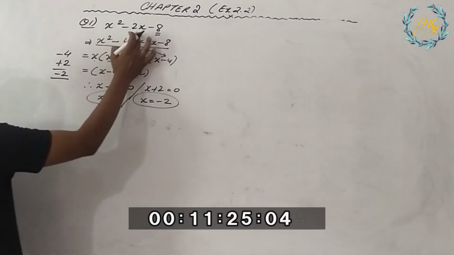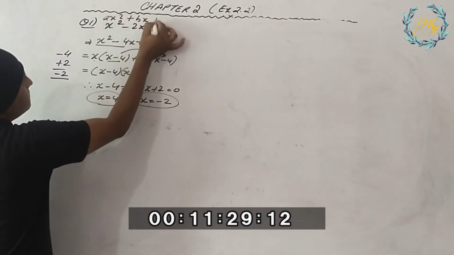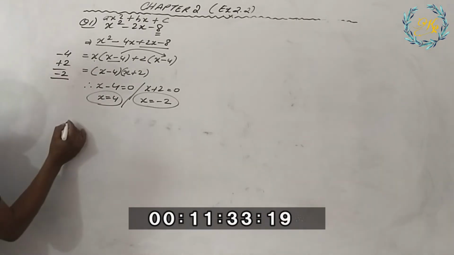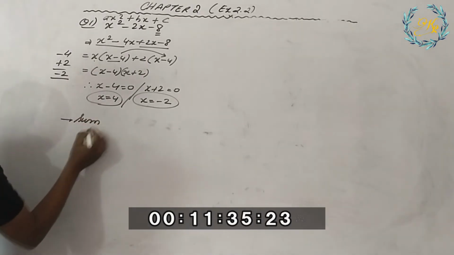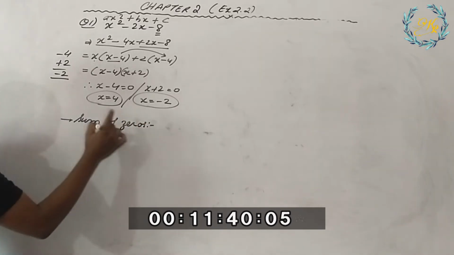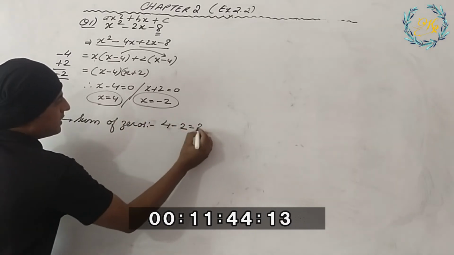If I compare this with ax square plus bx plus c, first I have the formula of sum of zeros. Now sum of zeros means 4 plus minus 2, I get answer as 2.